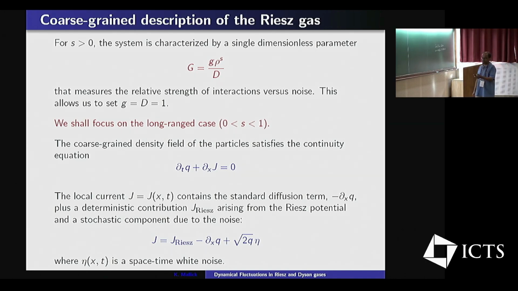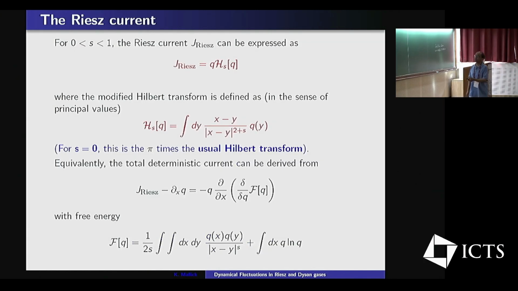The only thing we need is to know the expression of the Riesz noise. It is the density Q times this integral, which in fact is just the potential created at a given point by the other particles, the force precisely. And this kernel, if you take S equal to 0, is the so-called Hilbert transform, but it's a kind of generalized Hilbert transform.